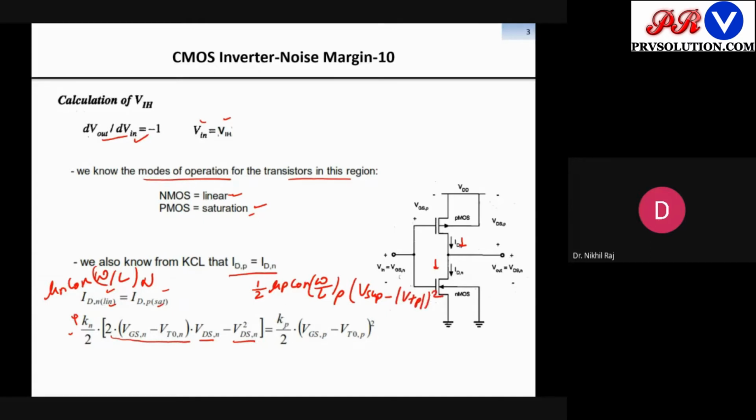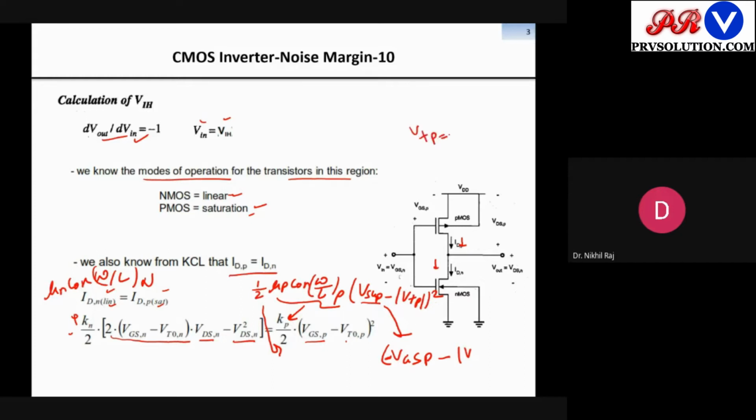This can also be written with Kp, where the 2 comes here. I have written VSG here, but here it is written VGS. To transform it into the form in the given equation, I can write minus VGS of P minus mod of VTP.